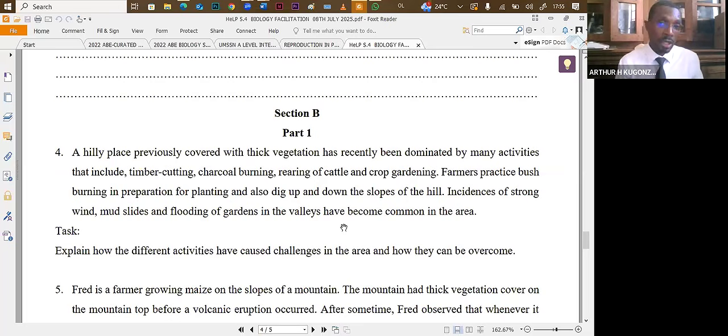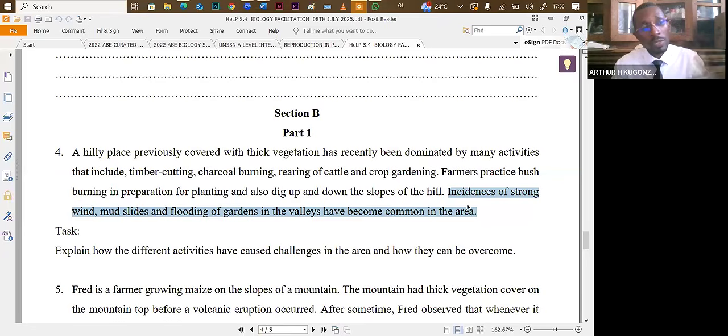No, they will not. By the way, this scenario here, I can set it like this. I can remove this part which is highlighted and stop there. Then I ask you, explain how the different activities have caused the problems or challenges in the area. Now, that one is wild.